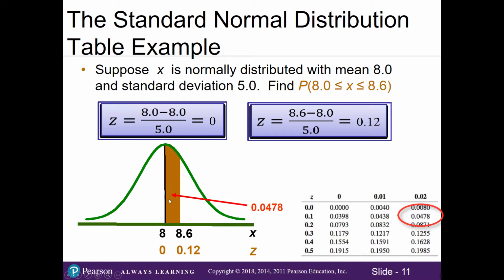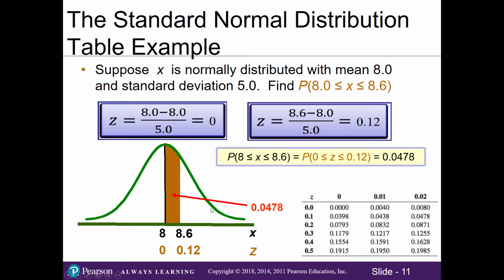All that means is the area between my mean and the z-value to the right is 0.0478. So the probability that I'm going to get some number between 8 and 8.6, or between the z-values of 0 and 0.12, is 0.0478, or 4.78%.